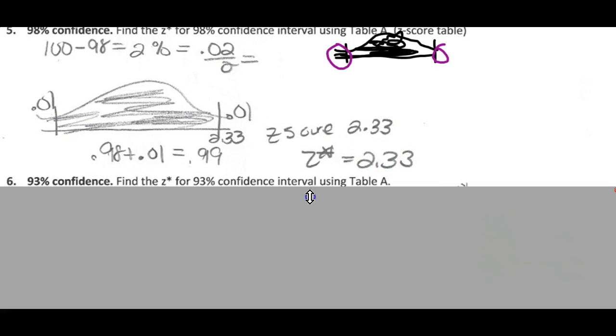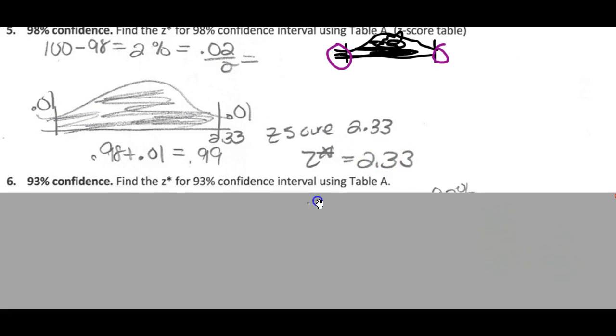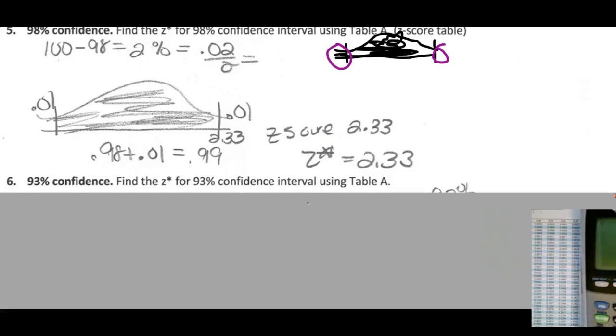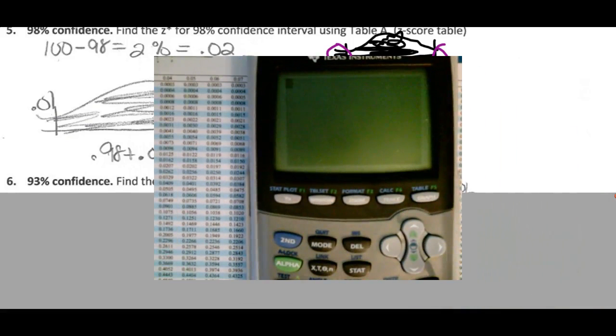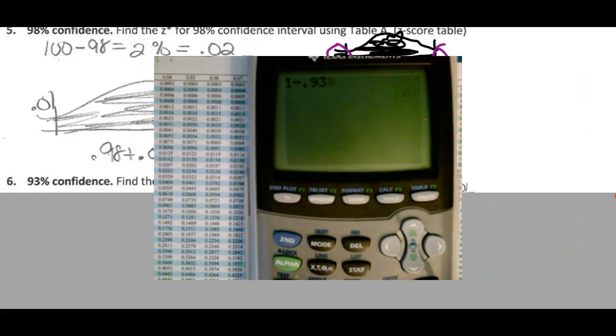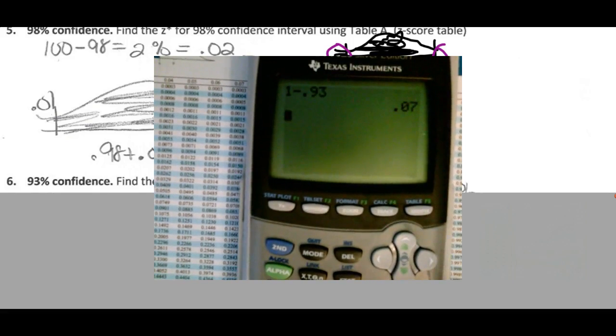That's 2.33. So let's find the 93% confidence. Again, I'm going to use the calculator. I'm going to do 1 minus 0.93, which gives me 0.07, and I need to divide that in 2 in order to get both sides of that tail.